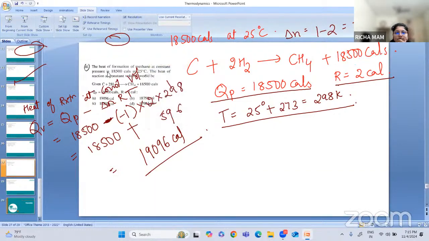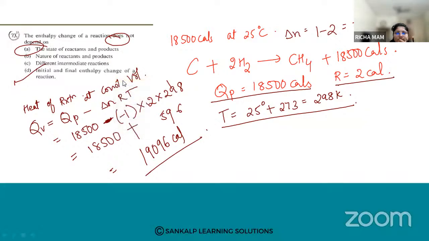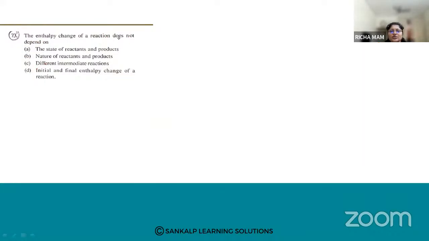Okay. Next question. The enthalpy change of a reaction does not depend on what? This is a theory based question. The enthalpy change of a reaction does not depend upon the different intermediate reactions.